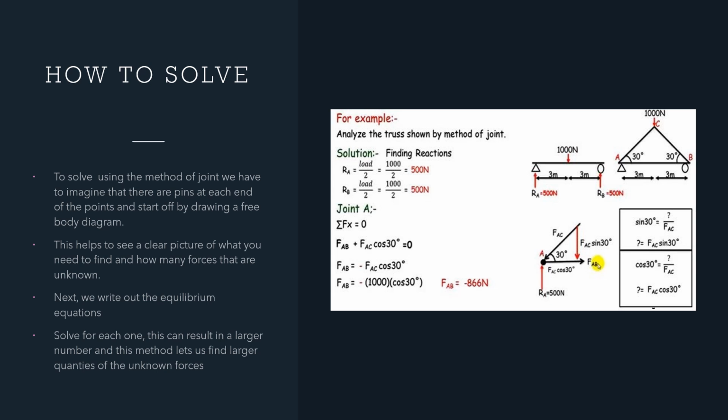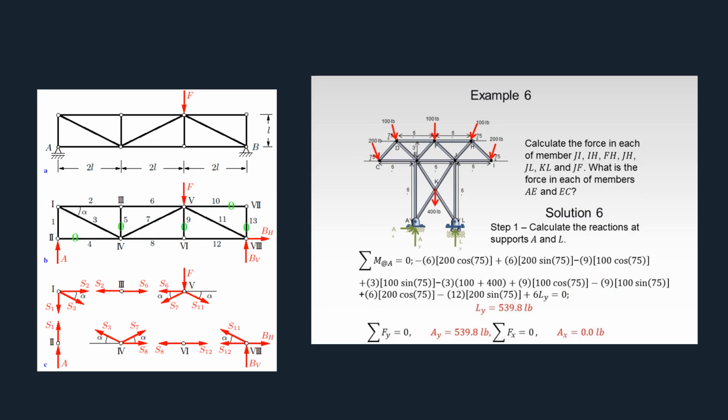So you can see there's already Fx, and you can figure out how they're solving this one by drawing the free body diagram here, and sine and cosine. I just wanted to show a few other examples of how we use the method of joints.